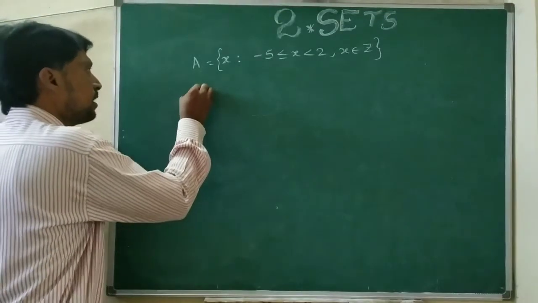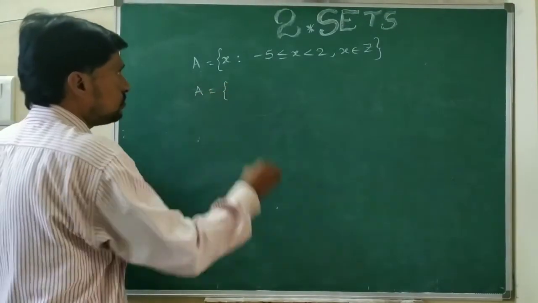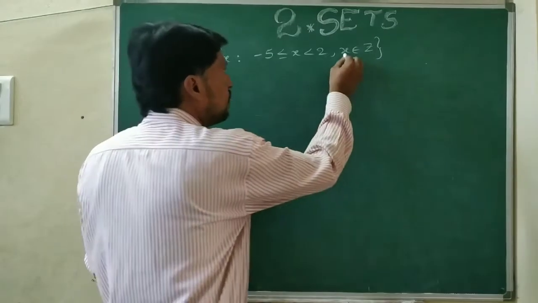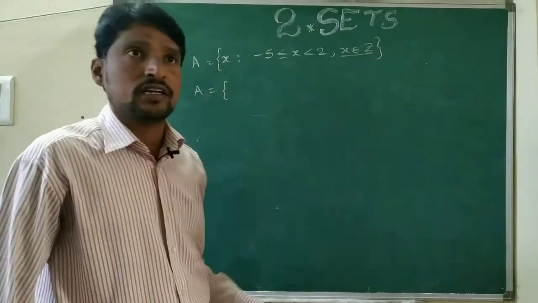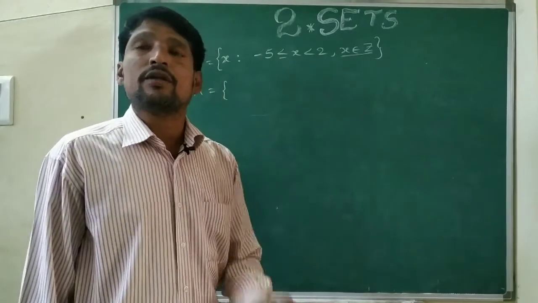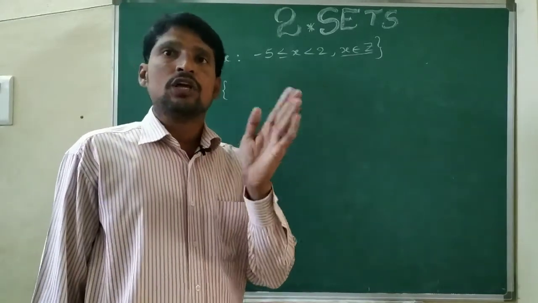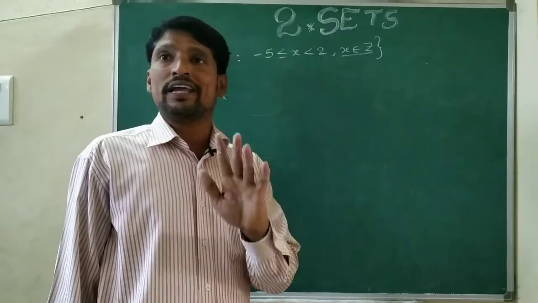We are writing it as a roster form. So what is the condition here? First we should consider the condition only. x belongs to Z. Z means integers. Integers means 0 and positive and negative values.